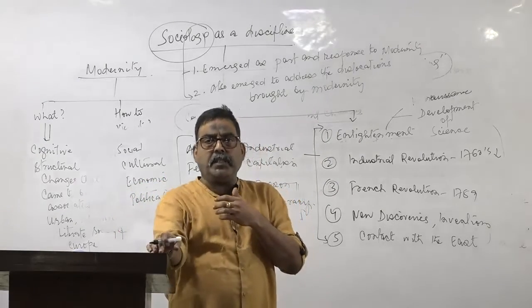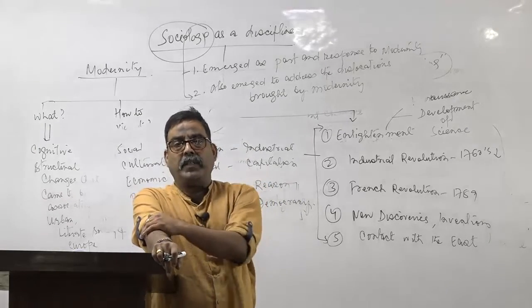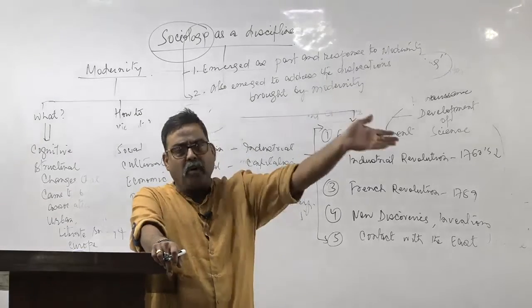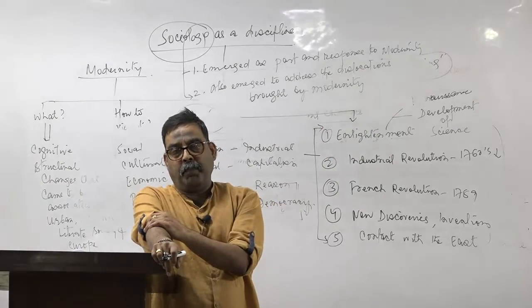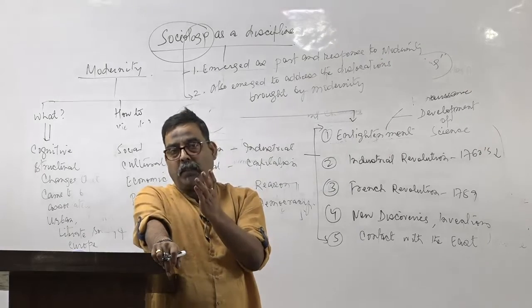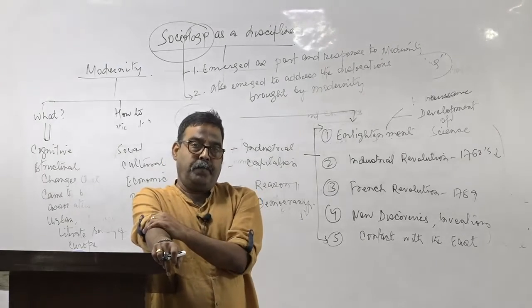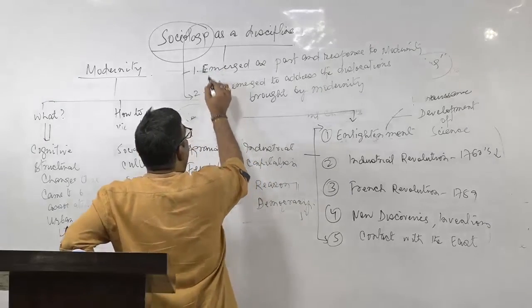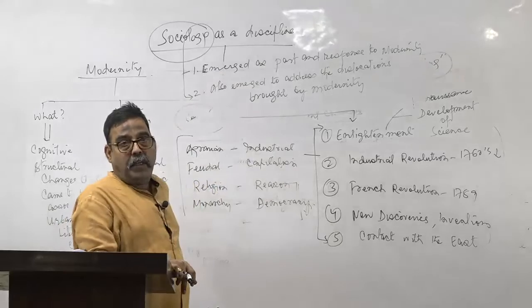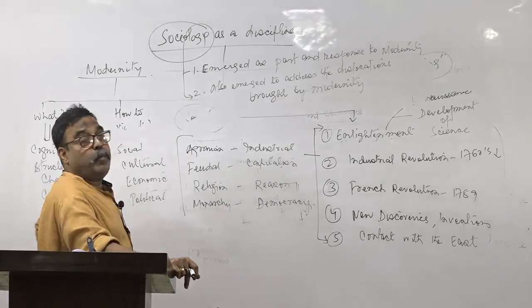The French Revolution has brought chaos in society. At least order was there in the old system. Such concerns brought by the components will also be raised. And that's why I say, remember this first line as a part and response to modernity, and also as a response to address the dislocations brought by modernity.